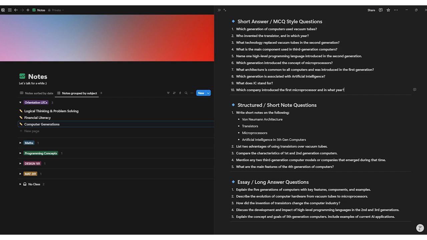That's all, though lots of things happened in that time period. Next: mention any two third generation computer models or companies that emerged during that time.